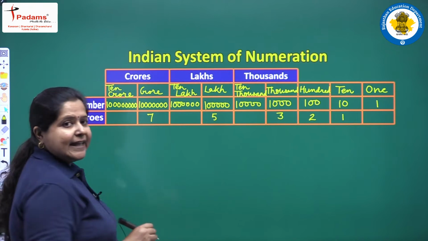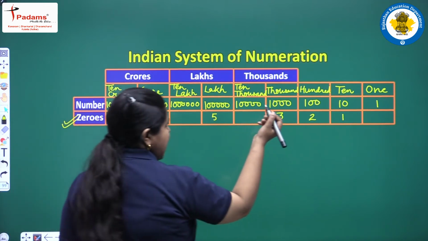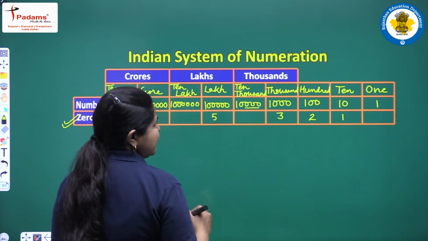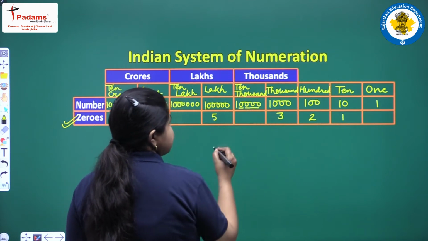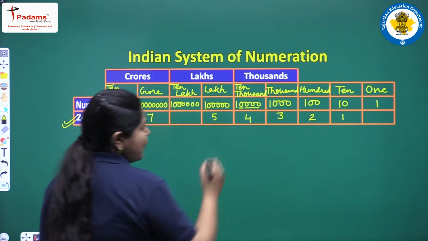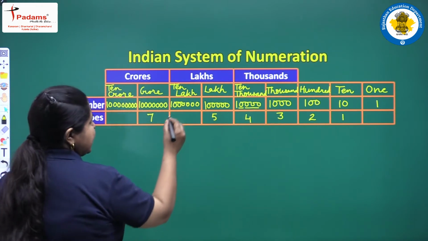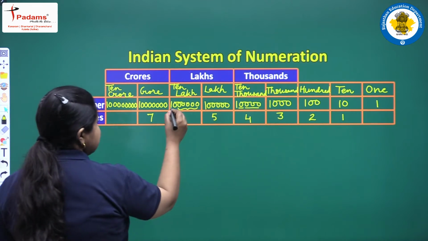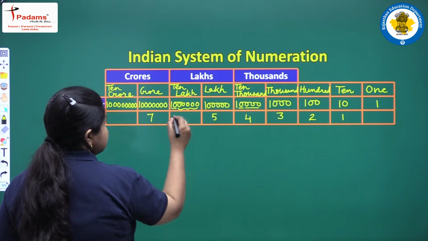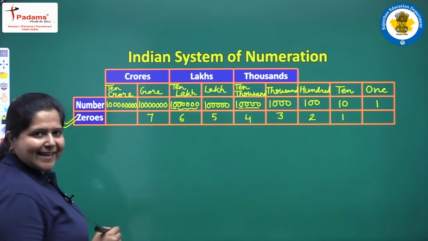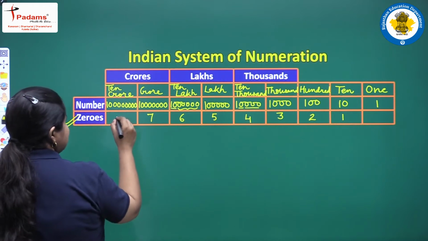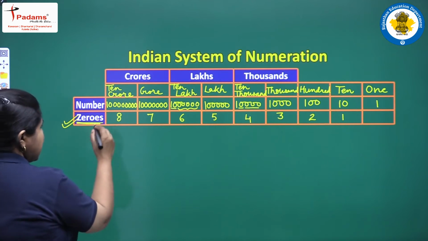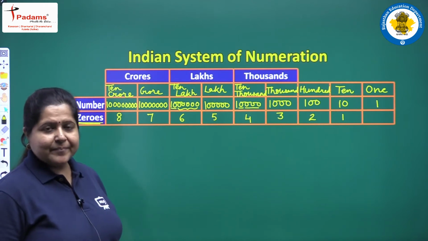The remaining we can easily manage. 1000 has 3 zeros and 10 has 1 zero, which gives us 4 zeros for 10,000. In 10 lakh, 5 zeros represent a lakh and then 1 zero for 10. This means in all 6 zeros, and in 10 crores there are 8 zeros. So these are the numbers of zeros.